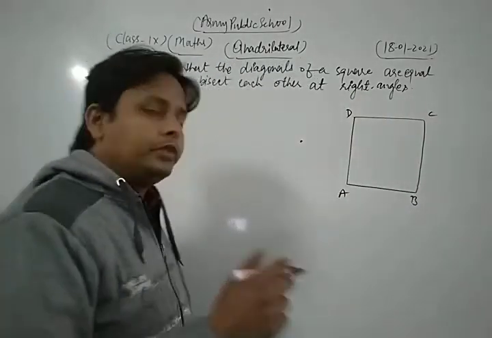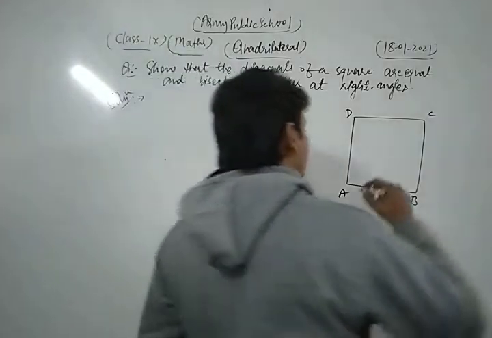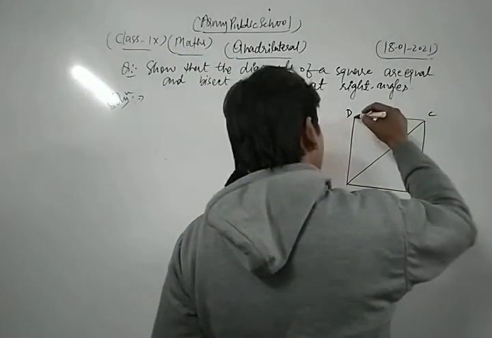We draw a square ABCD and we join its diagonals. We join AC and BD as diagonals.